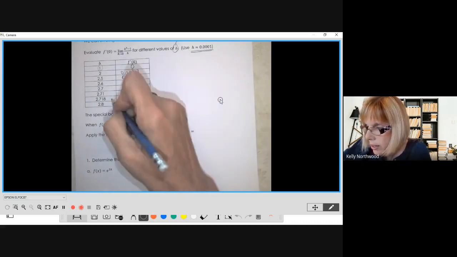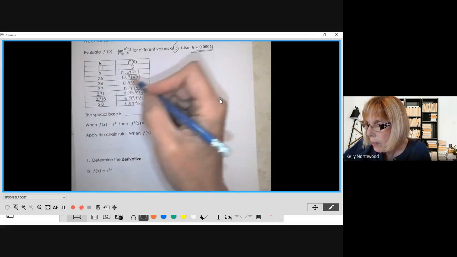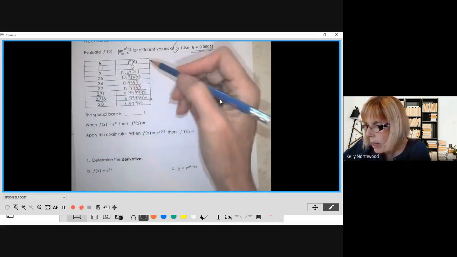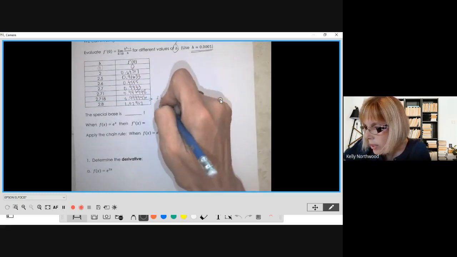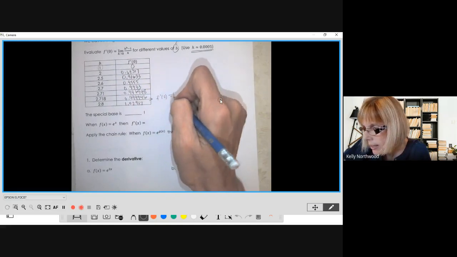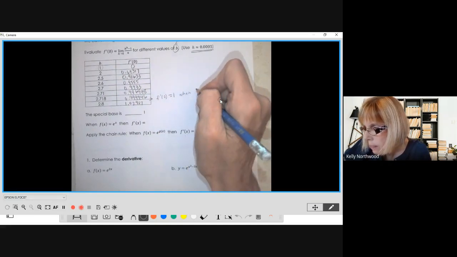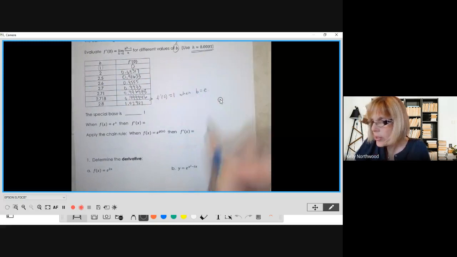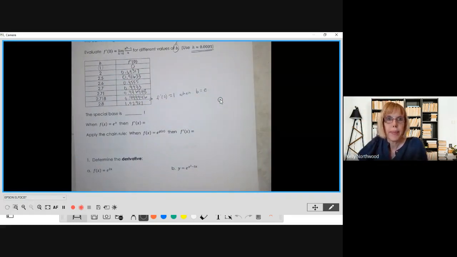Somewhere in between here, we're going to get our base where f prime of 0 turns out to be exactly 1. It's exactly 1 when b is equal to Euler's number e. Okay?